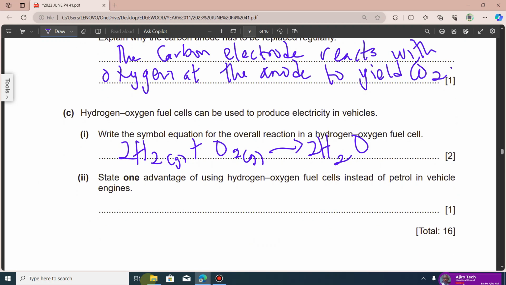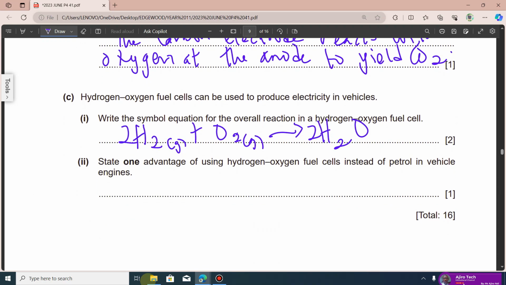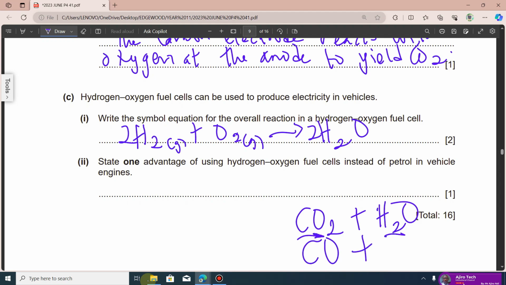Now, state one advantage of using hydrogen-oxygen fuel cells instead of petrol in vehicle engines. Now, when you burn hydrocarbons, what is likely going to be produced is carbon dioxide and water. So complete combustion of hydrocarbons would yield this, incomplete combustion would yield carbon monoxide and water.